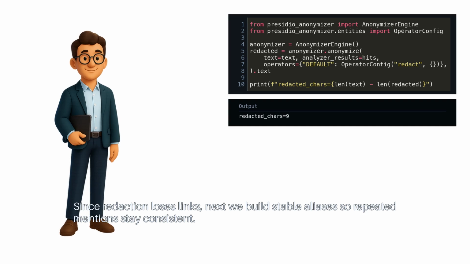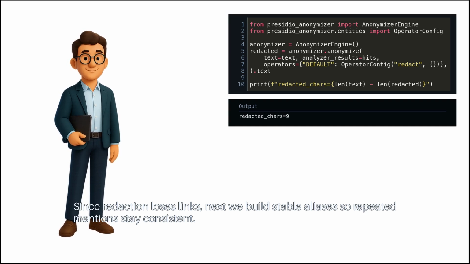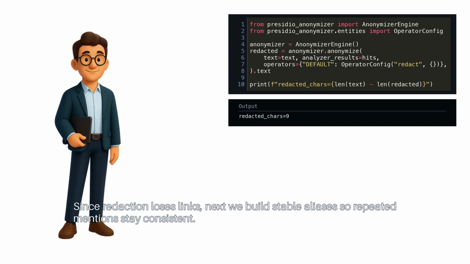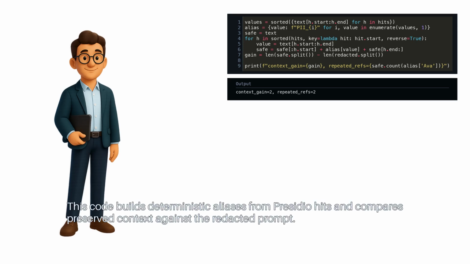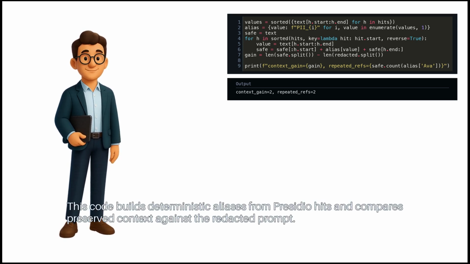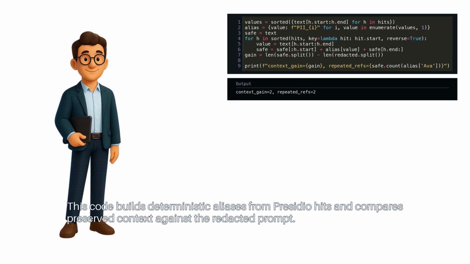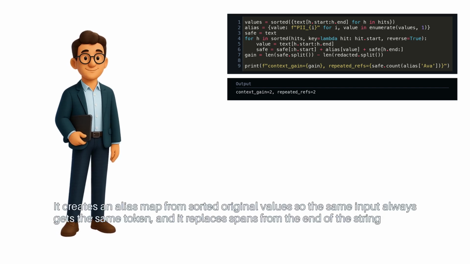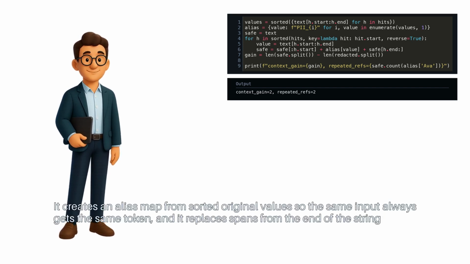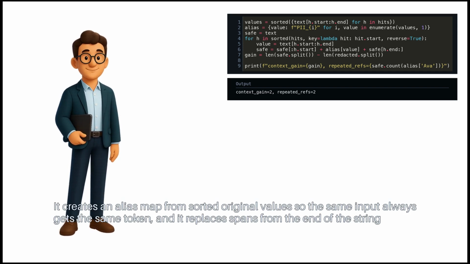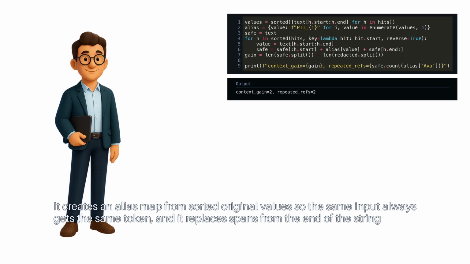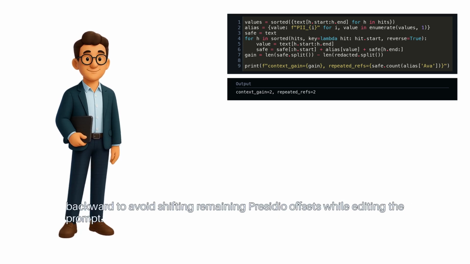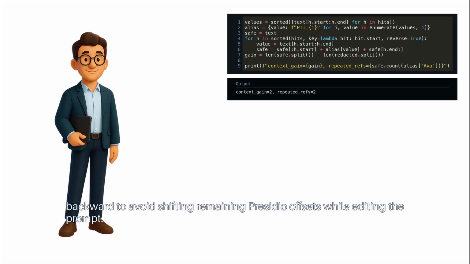Since redaction loses links, next we build stable aliases so repeated mentions stay consistent. This code builds deterministic aliases from Presidio hits and compares preserved context against the redacted prompt. It creates an alias map from sorted original values, so the same input always gets the same token, and it replaces spans from the end of the string backward to avoid shifting remaining Presidio offsets while editing the prompt.